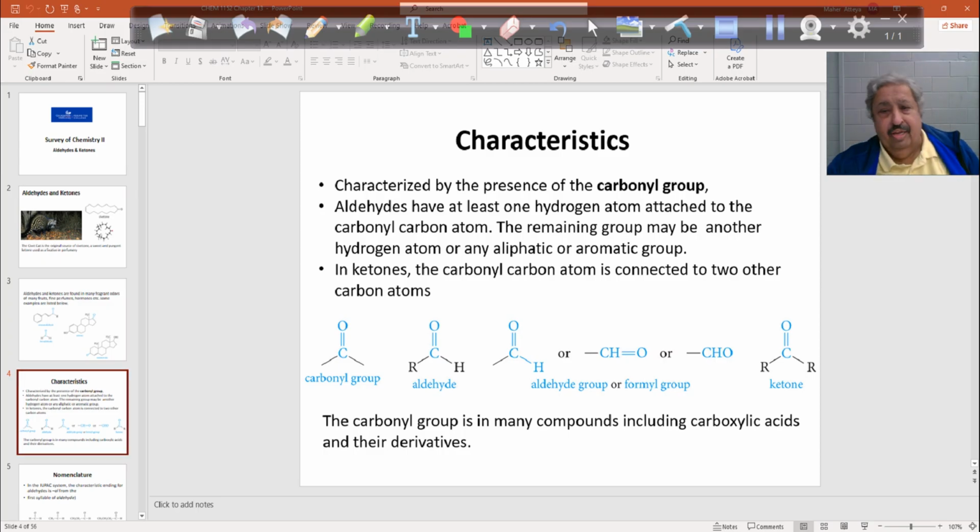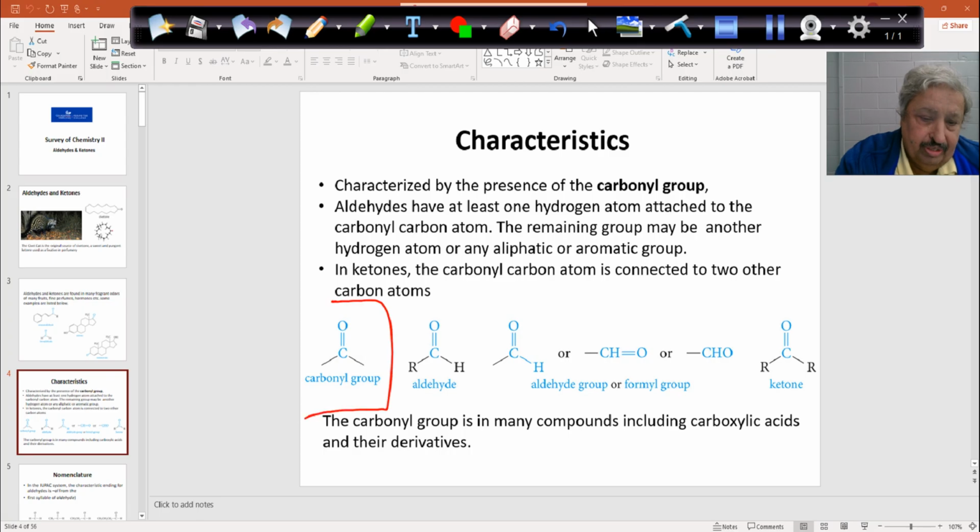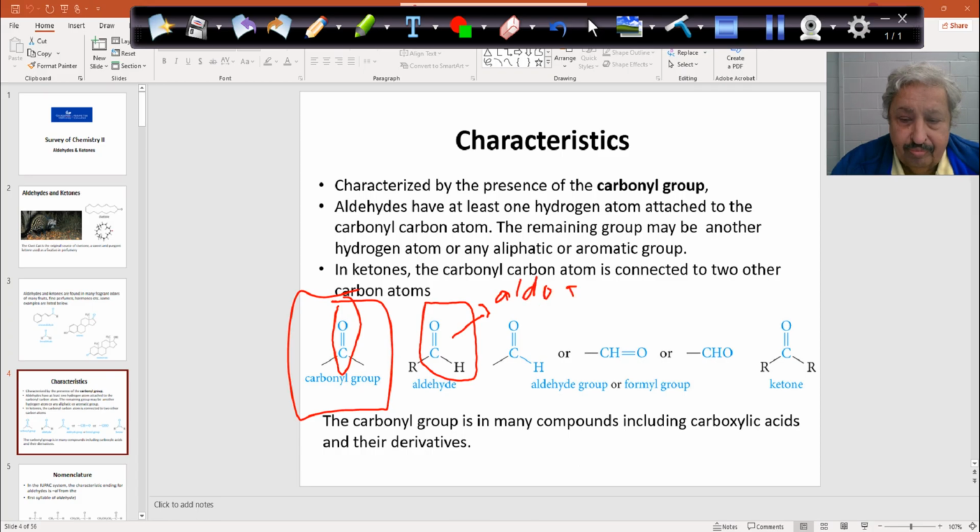So these are the characteristics of the aldehyde. As you can see, the aldehyde comes from the carbonyl group. We talked about this. That's a carbonyl group, correct? When it's connected like this, that's an aldo group, an aldehyde, the aldo functional group.